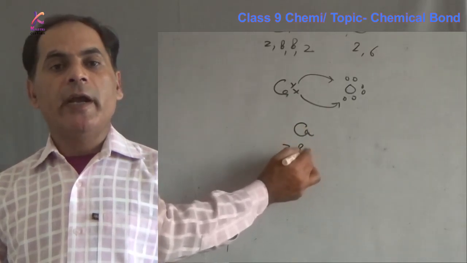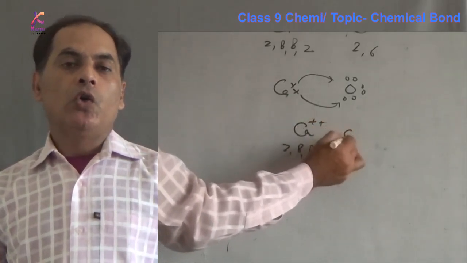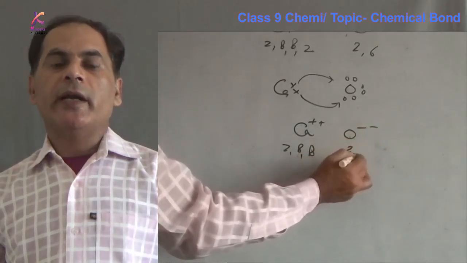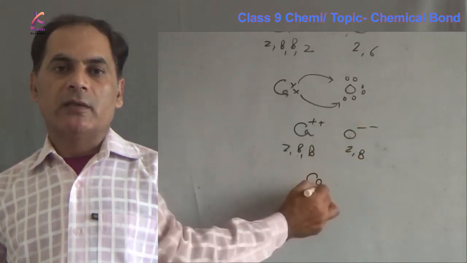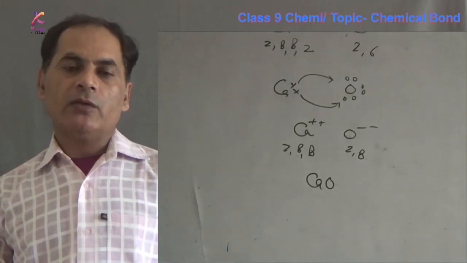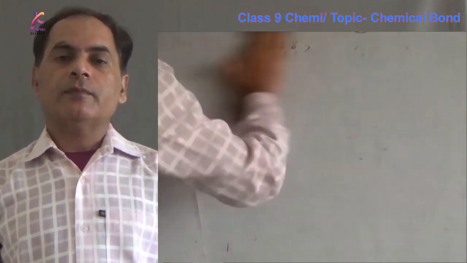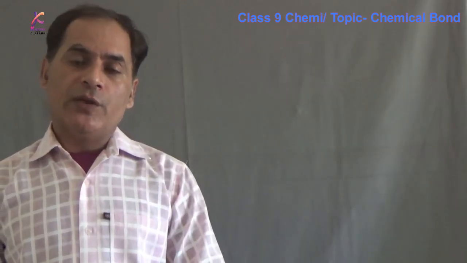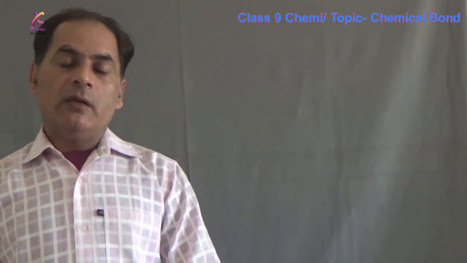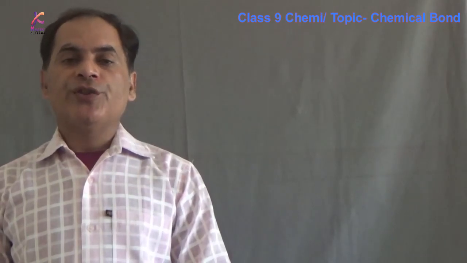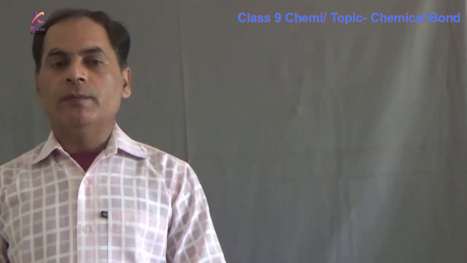The oxygen atom gets 2 electrons, so it gets di-negatively charged, and ions are again formed, so they form an ionic bond. Now we will see the properties of compounds which have ionic bonds.